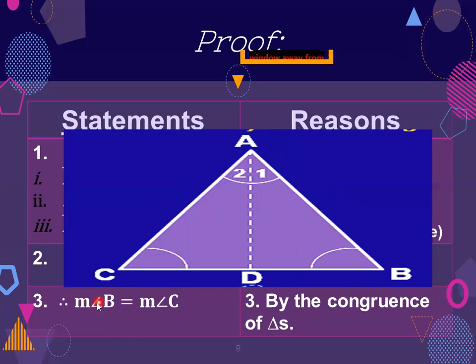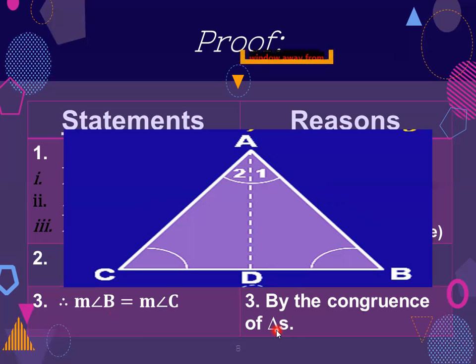So at the end you will say that therefore the measurement of angle B, this is your angle B, will be equal to the measurement of angle C by the congruence of triangles. What you have learned previously is that if two triangles are congruent, their angles are also congruent.